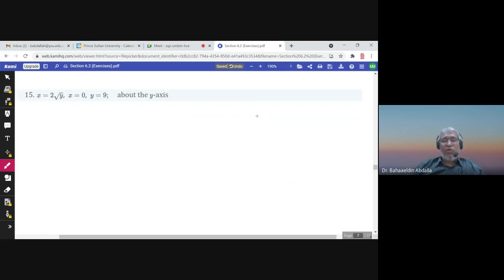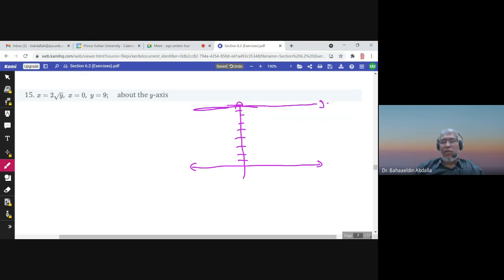x equals 2 square root of y, x equals 0. Well, x equals 0 is this line, the y-axis, 1, 2, 3, 4, 5, 6, 7, 8, 9. So this is y equals 9. This is y equals 9, the horizontal line, and the line x equals 0, and this curve.